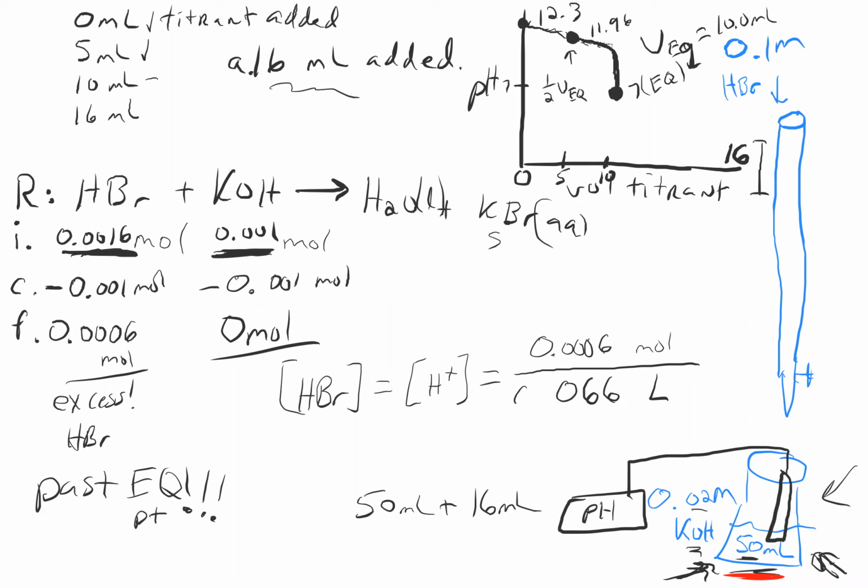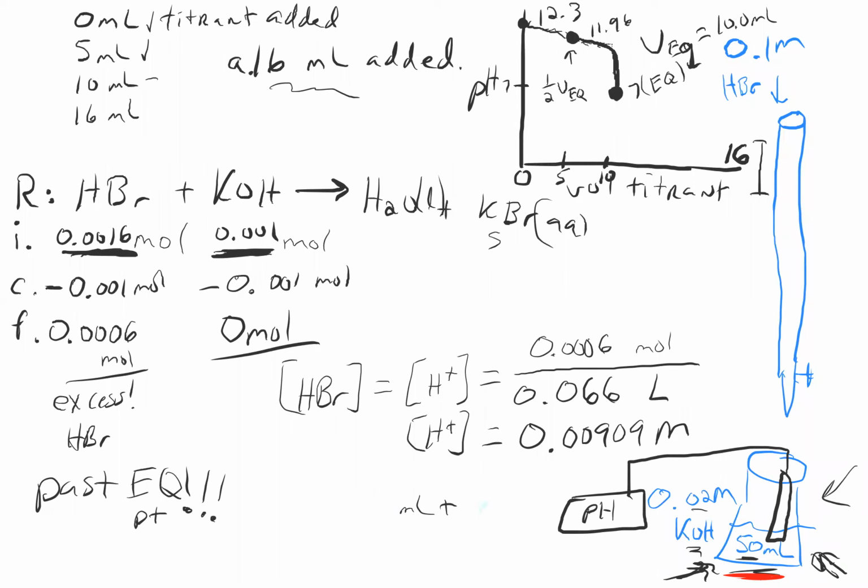That makes 66 milliliters, which is 0.066 liters. So if I take 0.0006 and I divide by 0.066, I get 0.00909 mole per liter, H+ or HBr.